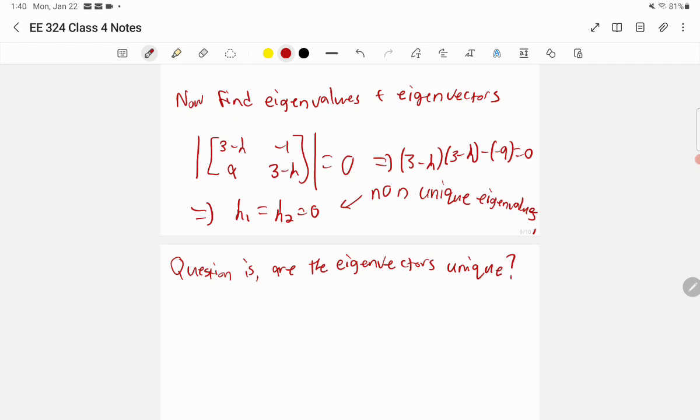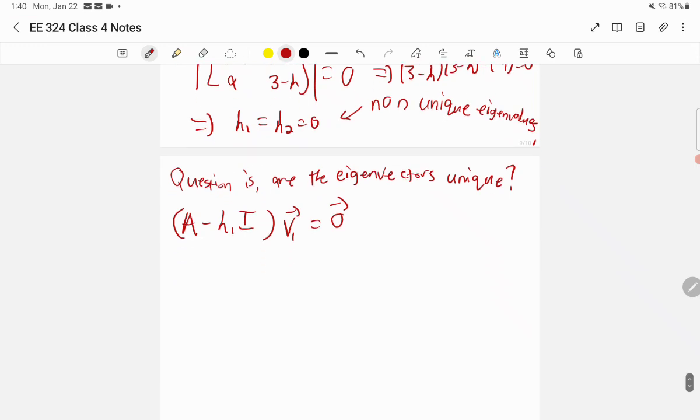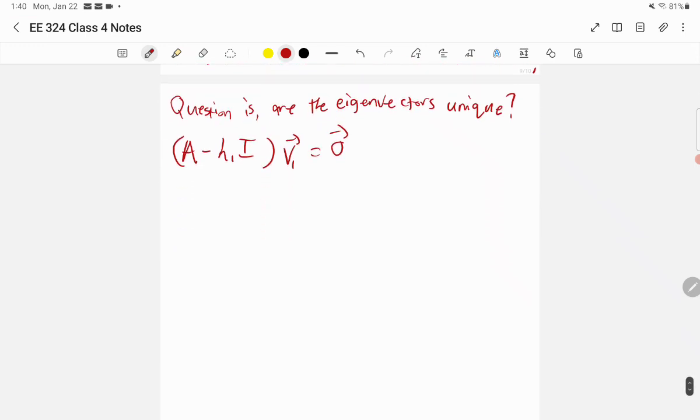Basically, again, we're going to have A minus lambda 1 times I times v1 equal to the 0 vector. So this tells me that I have 3 minus 0, minus 1, 9, minus 3 minus 0.